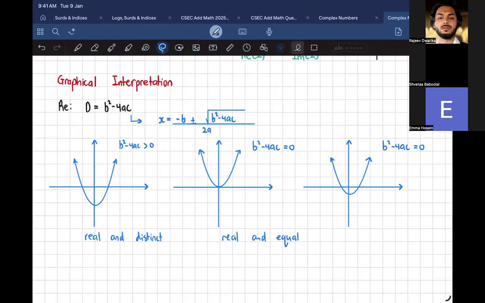No, because this is just a regular real axis, a real x and a real y. So if the discriminant is negative, it's not going to have a real root. It's just going to be somewhere above the x-axis. And this is going to happen when b squared minus 4ac is less than 0. So you would say that they are imaginary or complex roots.